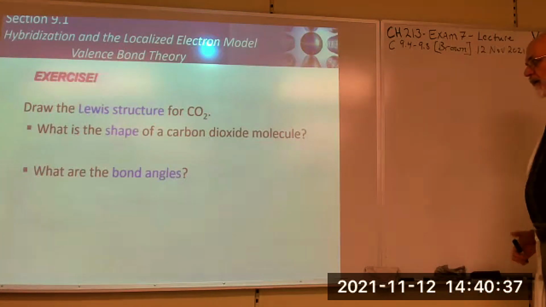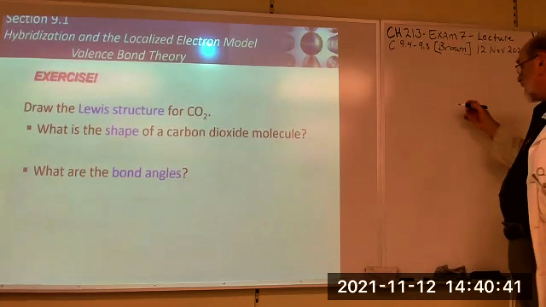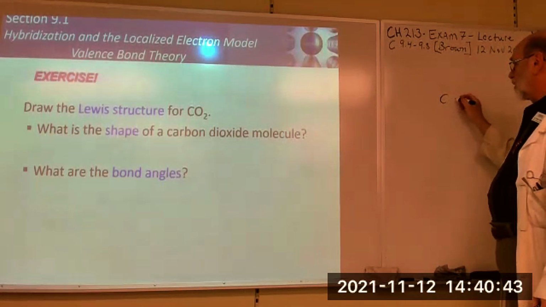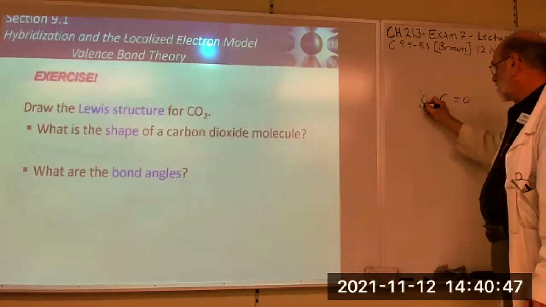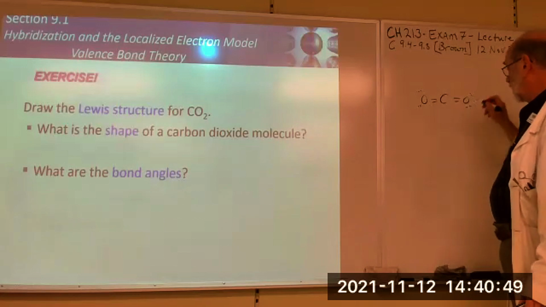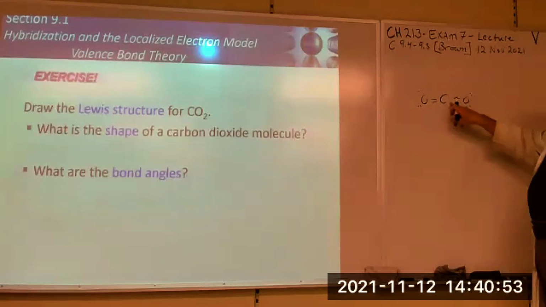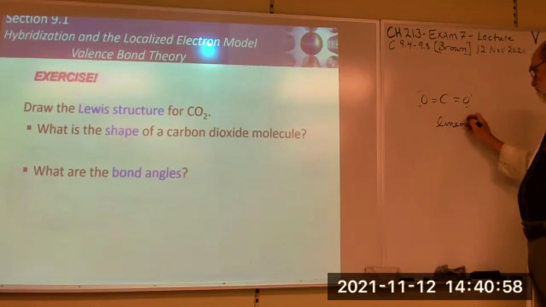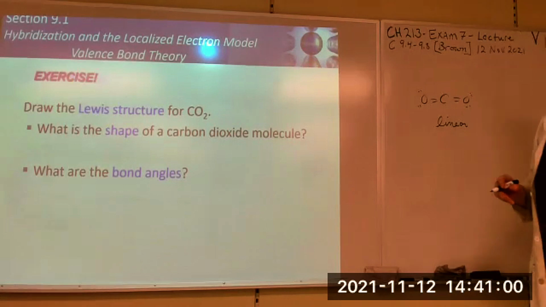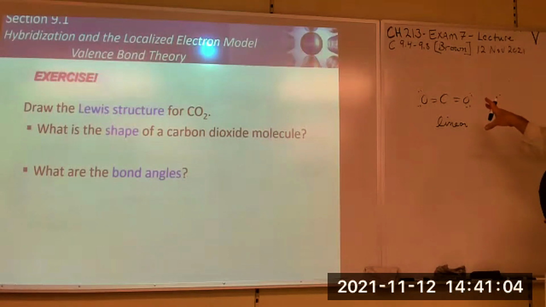Okay. What's the shape of the carbon dioxide molecule? We've done that one before. Carbon dioxide, like that. So we've got linear, right? A linear molecule. So how do we account for that?